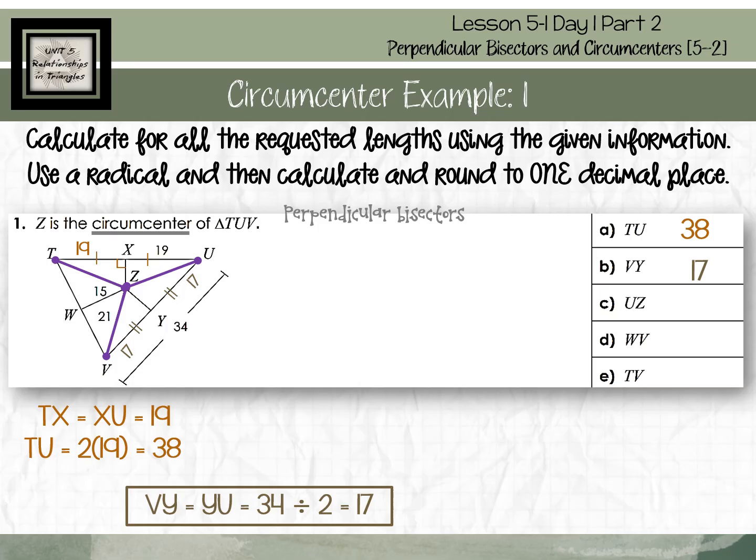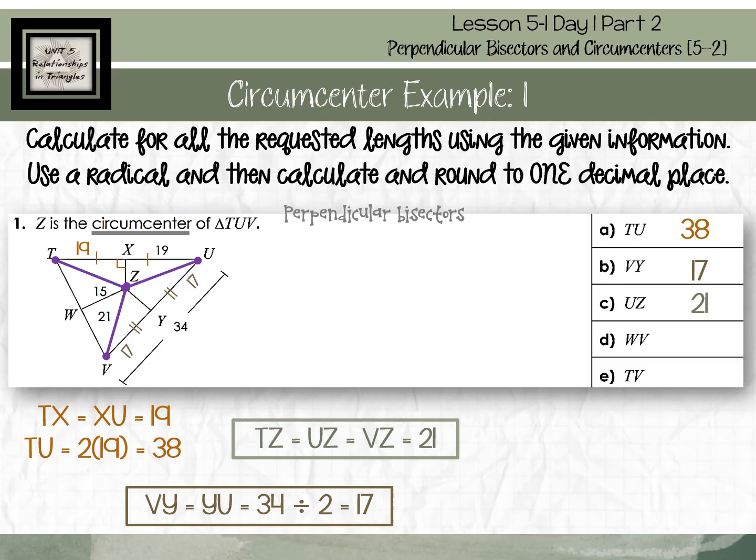One of them is marked 21, the others are also 21. So the length of segment VZ is 21, that's marked. Length of segment ZU is 21. Length of segment TZ is also 21. So UZ is what we're looking for, and that is 21.